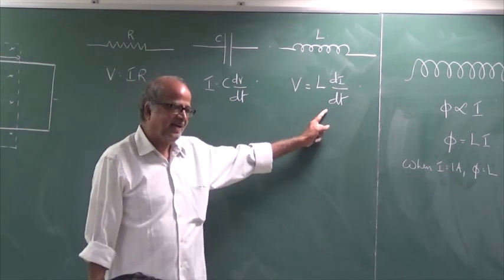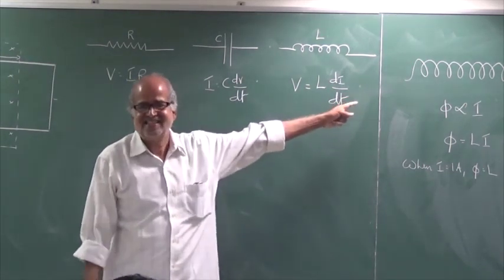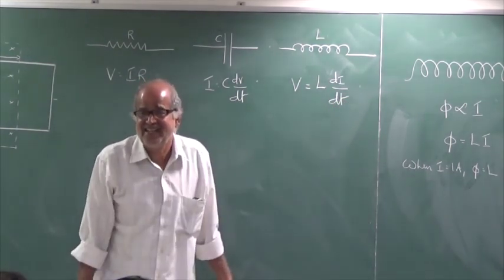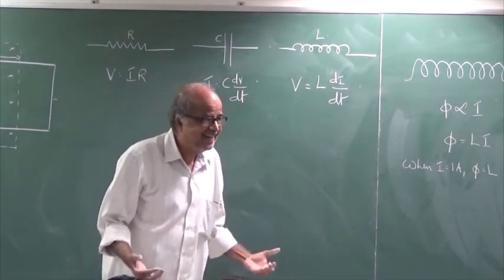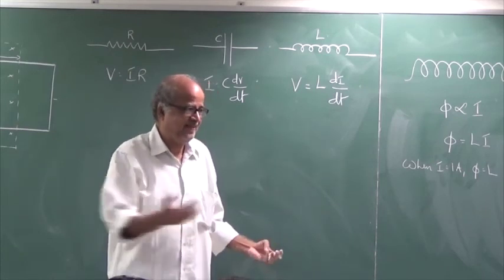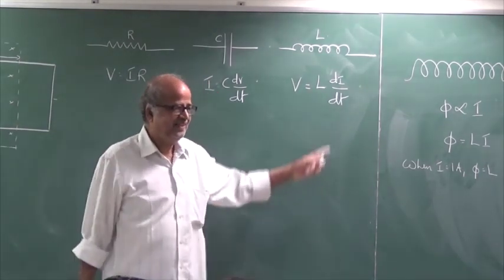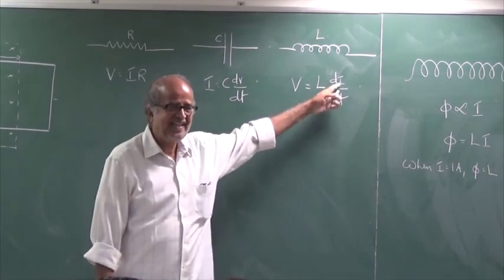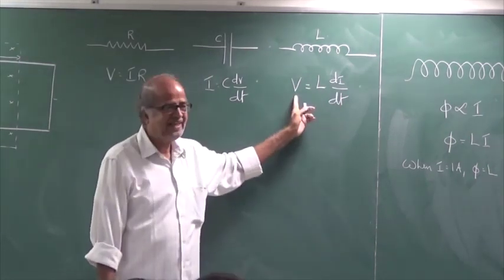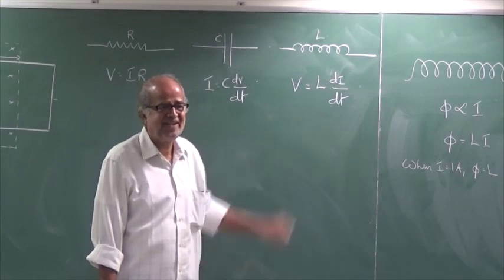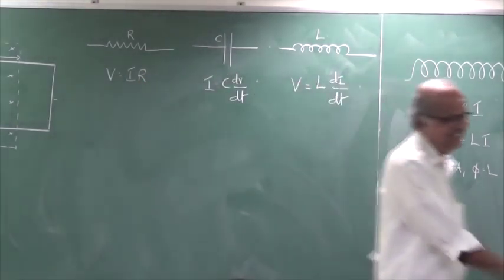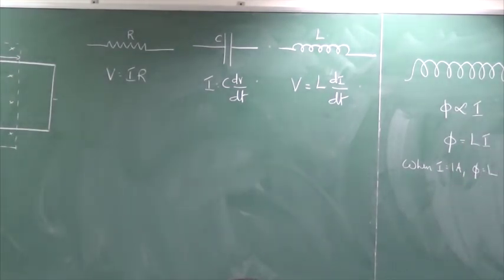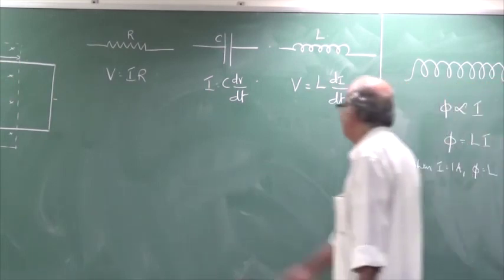If you connect a DC across this inductor, DC means direct current, suppose it remains constant in magnitude, I is constant, di by dt is 0, so induced voltage across it is 0, means it is a short circuit to DC, an ideal inductor, remember. An ideal inductor is a short circuit to DC.